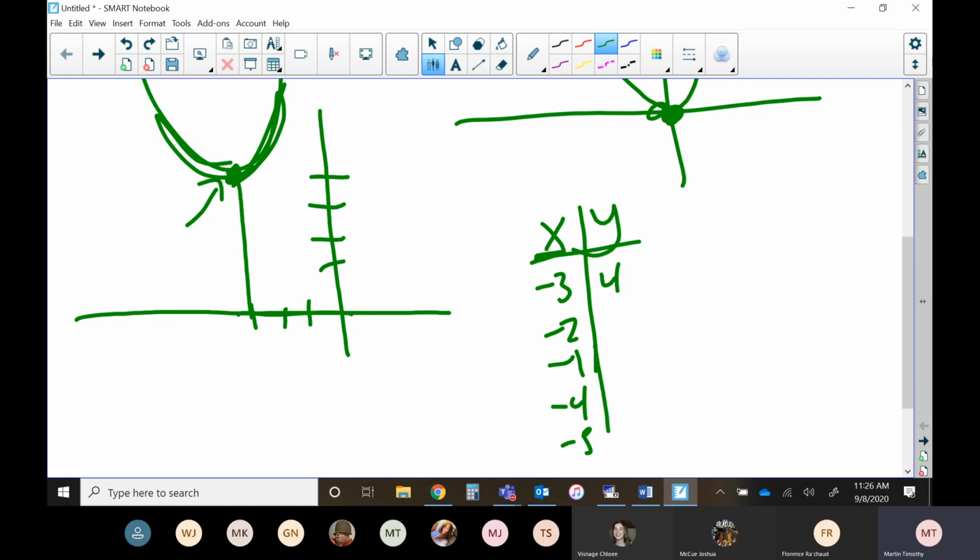Questions on that so far? All right, what would happen if I had this? What the heck does this do to it? So this right here is what we call a vertical stretch.